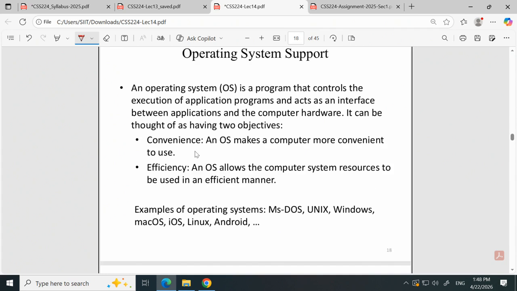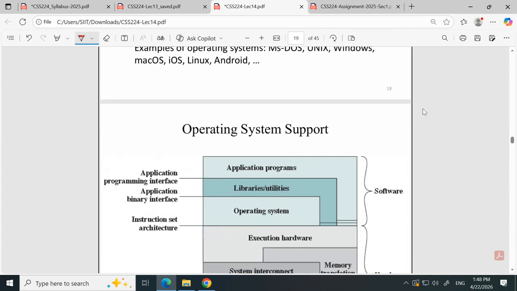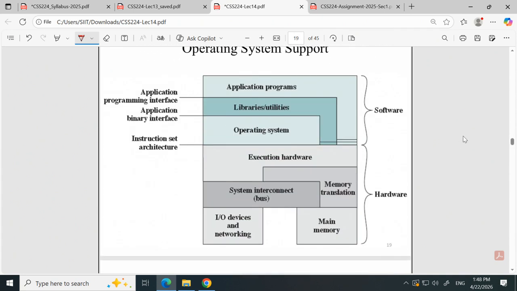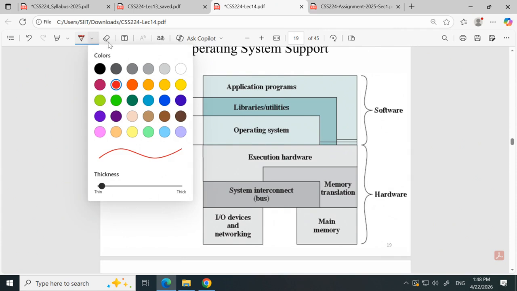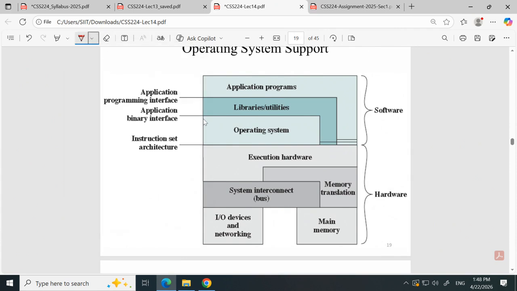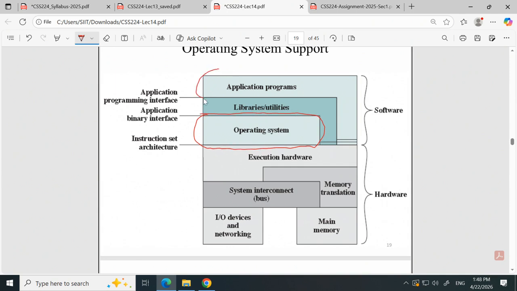Number one. Take a look at this picture. First question, what is an operating system? This is the operating system, here. Application software.